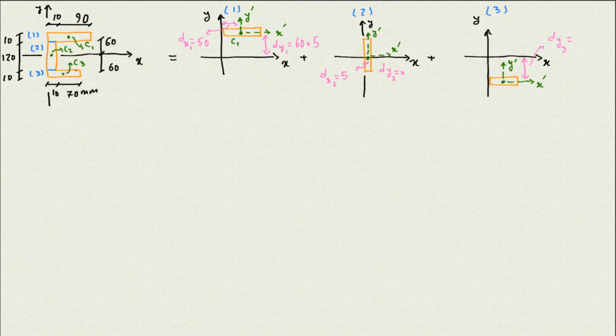So it's 60 and the half of the width of this rectangle down here, which is 5, so it's 60 plus 5. And the distance here, dx3, is half of this width, which is going to be 40.